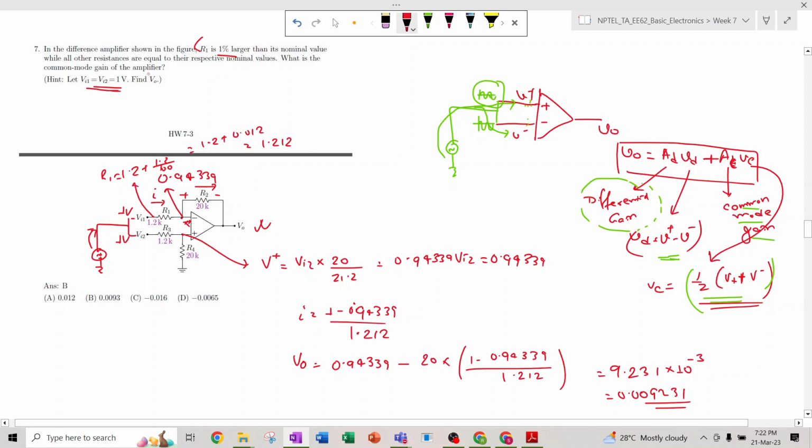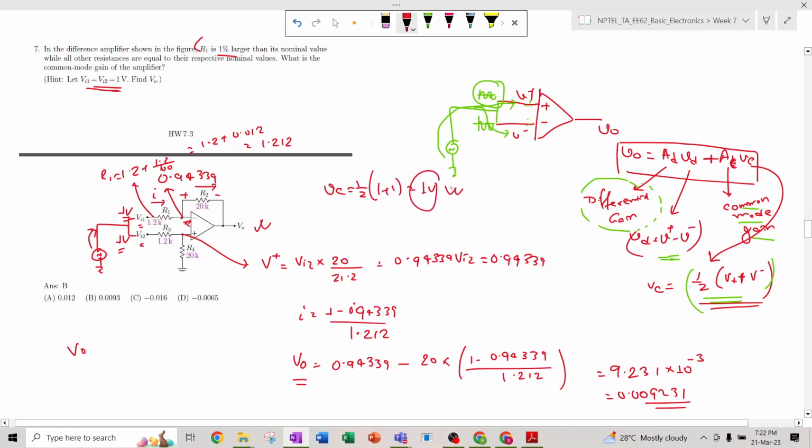So this VO is known as the common mode gain, because we have not applied any differential input or any signal. The 1 volt we are considering is applied to both terminals, so this is a common mode signal of 1 volt. The common mode signal we have calculated is 1 plus 1 over 2, that means 1 volt.